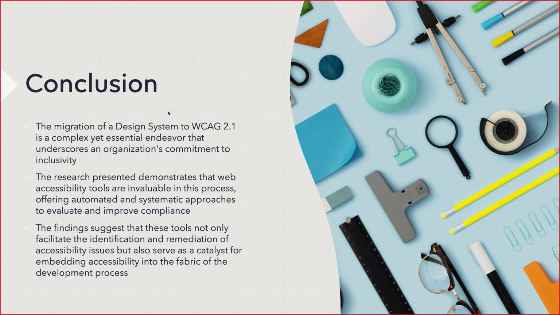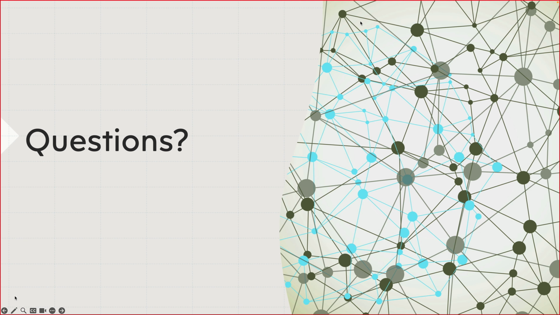These findings and my research focus also suggest that these tools not only facilitate the identification and remediation of accessibility issues, but they also serve as a catalyst for embedding accessibility into the fabric of the development process. Any questions?